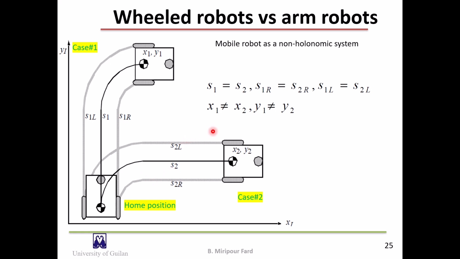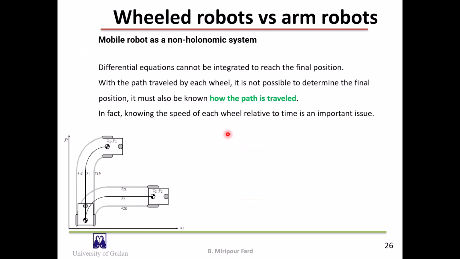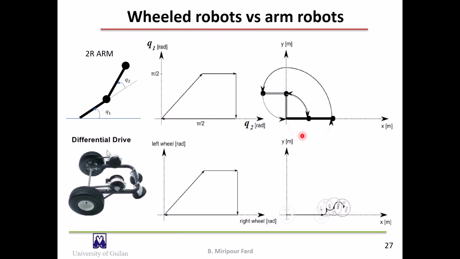So if we have S1, S1R and S1L, we cannot determine the exact position of the robot. In fact, knowing the speed of each wheel relative to time is also an important issue. To explain this more, we will give another example.